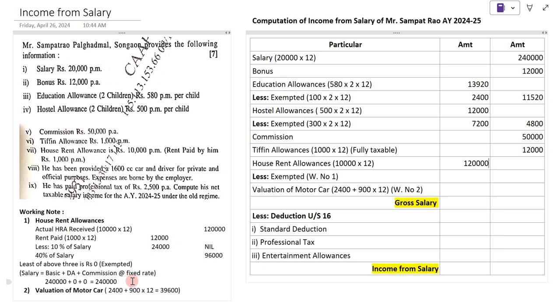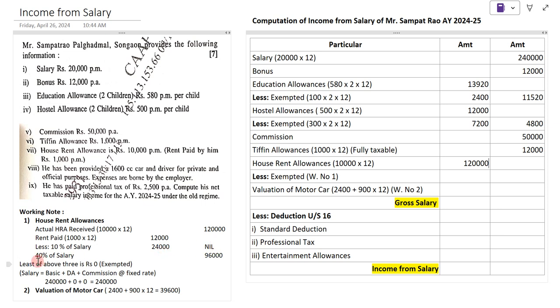Commission is not given at a fixed rate, that's why commission is 0. So how much do we get? The base salary 2,40,000. On this 2,40,000 we have to take 10%. So 10% of 2,40,000 we get 24,000. Now 12,000 minus 24,000 we get nil. Why? Because it is a negative balance, so nil.